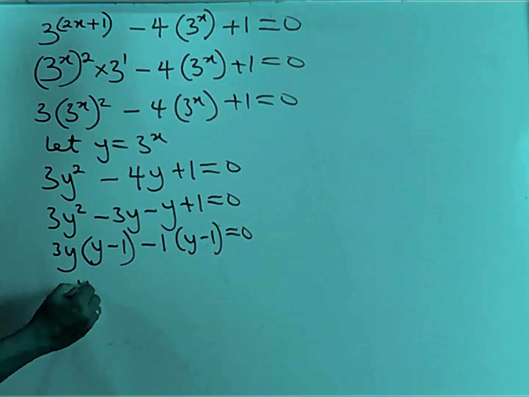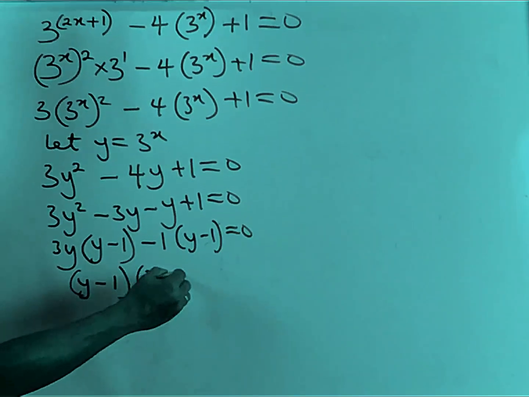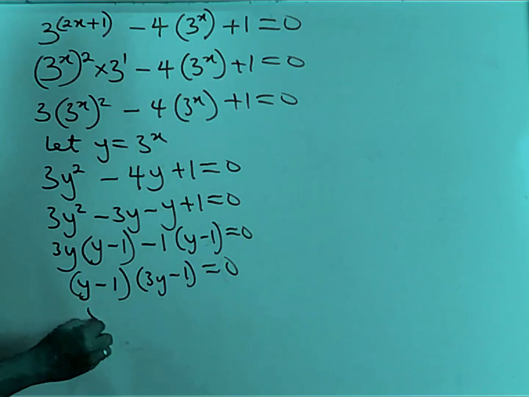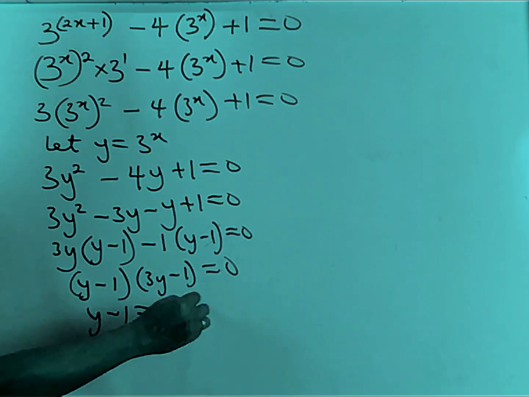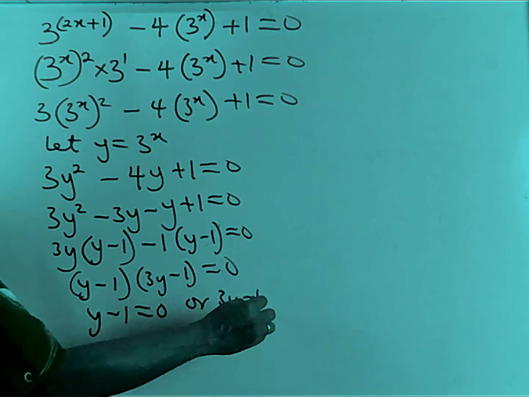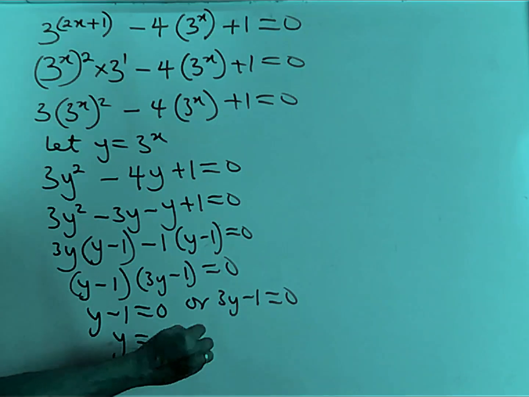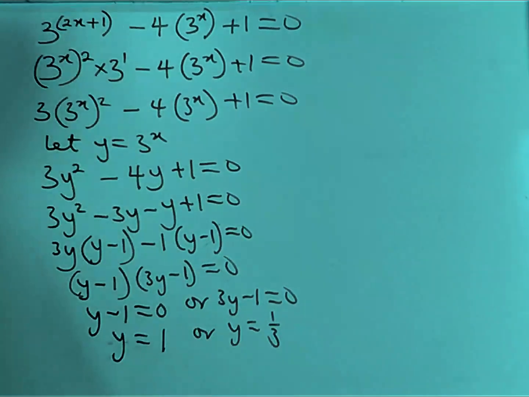So right here we have y minus 1 and 3y minus 1 equals 0. So solving this part, you have y minus 1 equals 0 or 3y minus 1 equals 0. So that my y is now equal to 1 or y is now equal to 1 over 3.